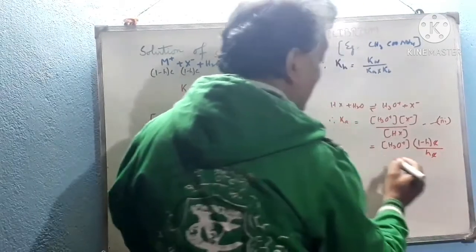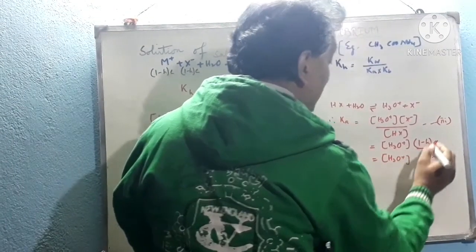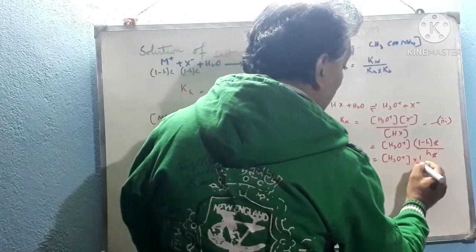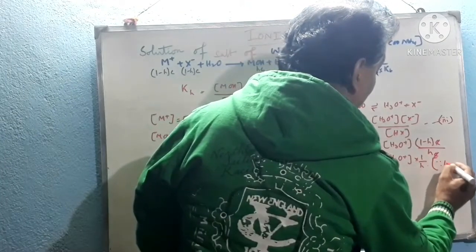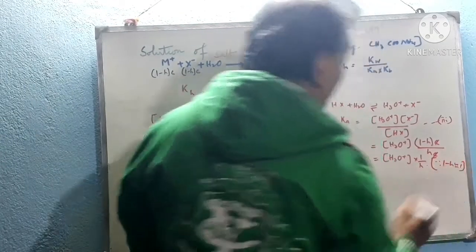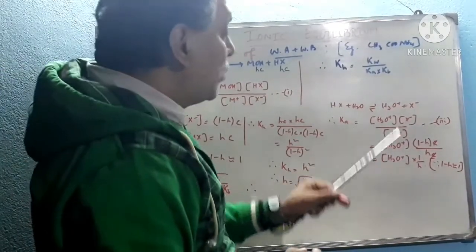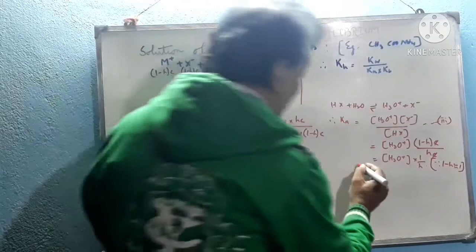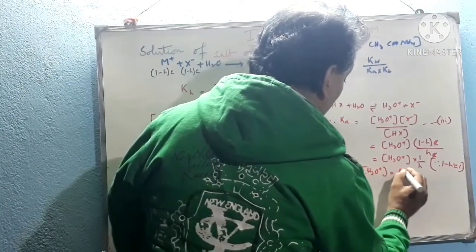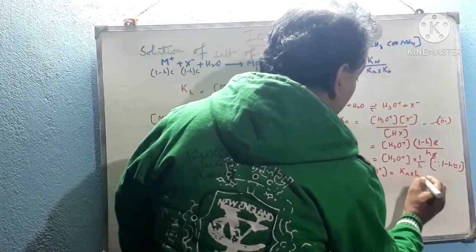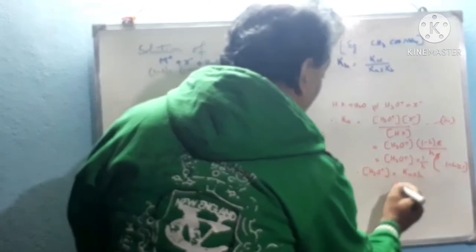So C, C cancel again. Therefore concentration of H3O plus into (1 minus h), which is approximately equal to 1, divided by h. Since we know that 1 minus h is approximately equal to 1, because h is a very small quantity as compared to 1, from this expression we can write H3O plus equal to Ka into h.